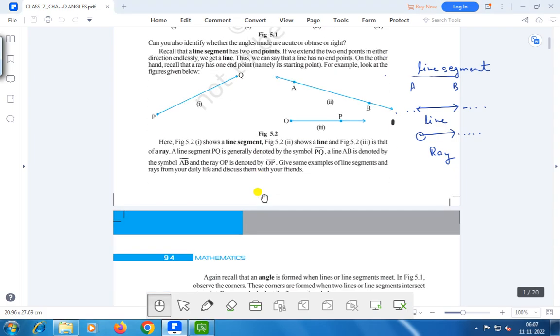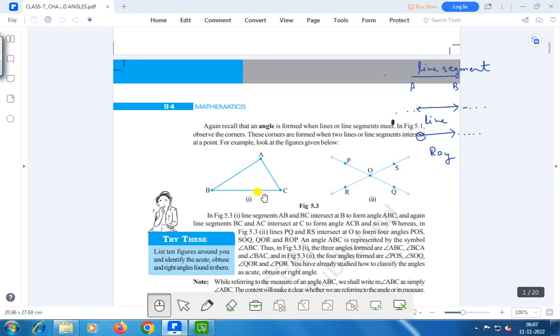Now we shall define other factors, that is angle. Here you see, we again recall that an angle is formed when lines or line segments meet. Here you see three line segments AB, BC and CA. Here three angles are formed: angle ABC, angle BAC and angle ACB.